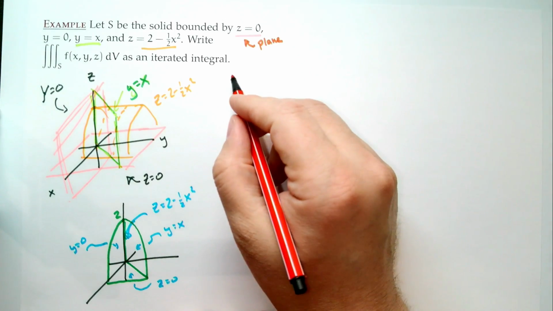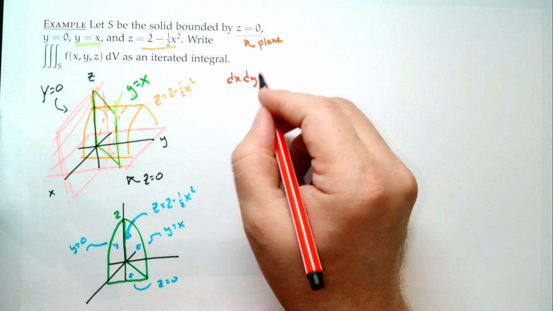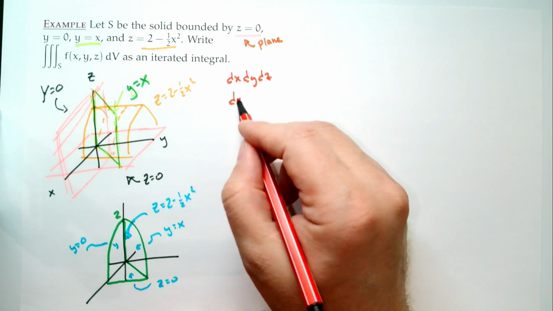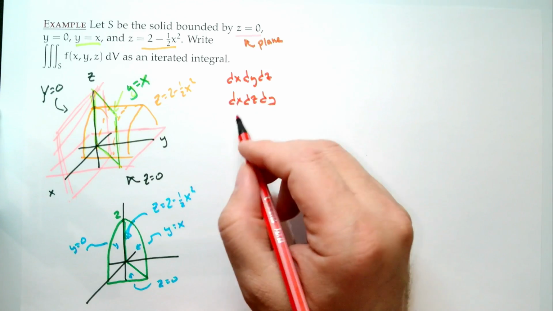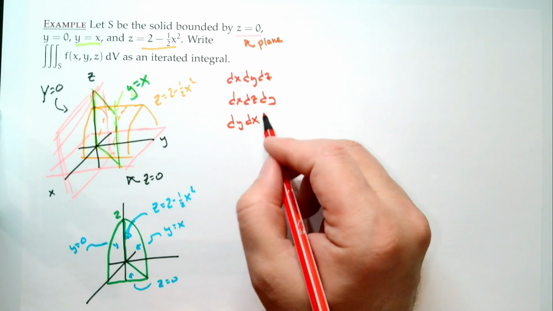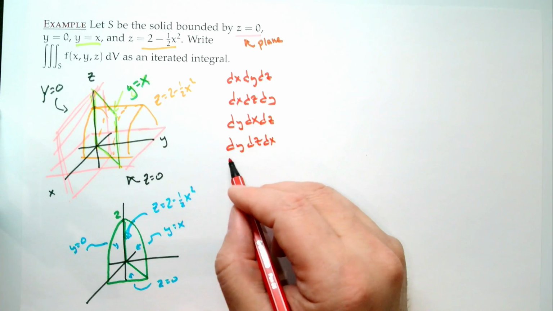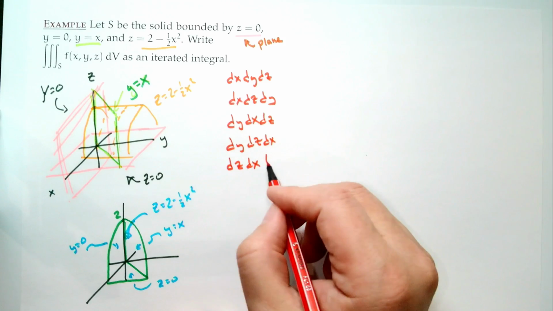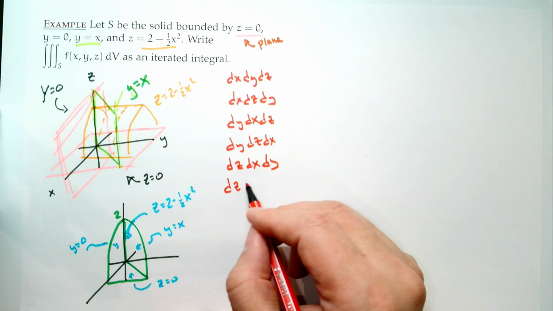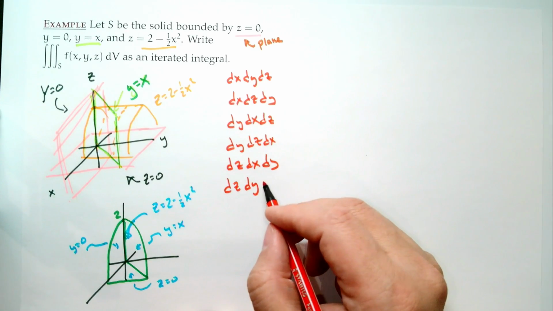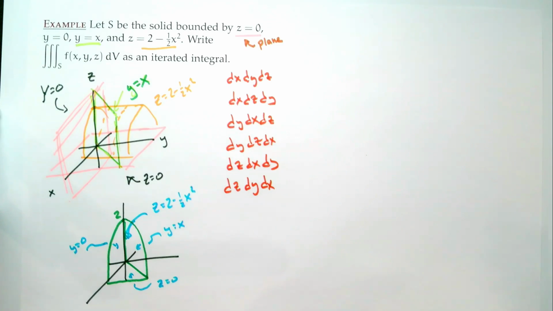Well, we have dx, dy, dz. We have dx, dz, dy. We can do dy, dx, dz. We could do dy, dz, dx. We could do dz, dx, dy. Or an oldie but a goodie, dz, dy, dx. You pick, and we'll go through.